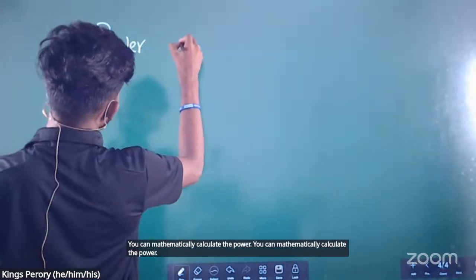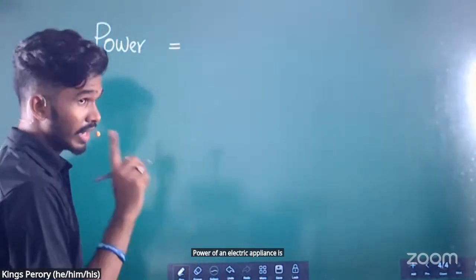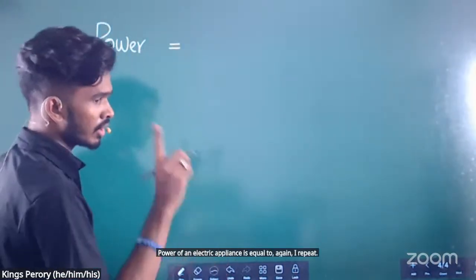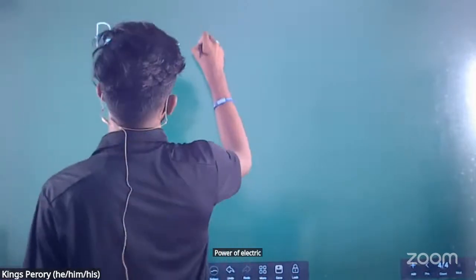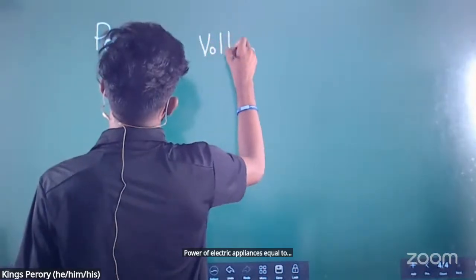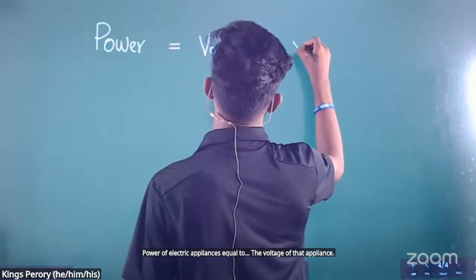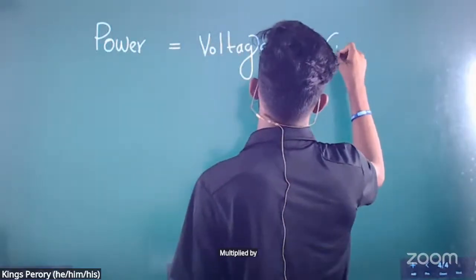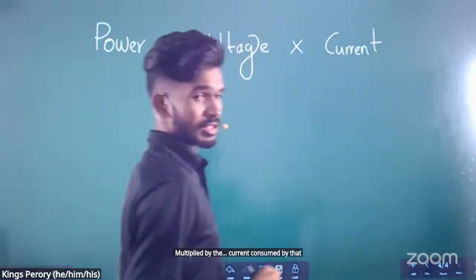Power of an electric appliance is equal to, again I repeat, power of an electric appliance is equal to the voltage of that appliance multiplied by the current consumed by that appliance.